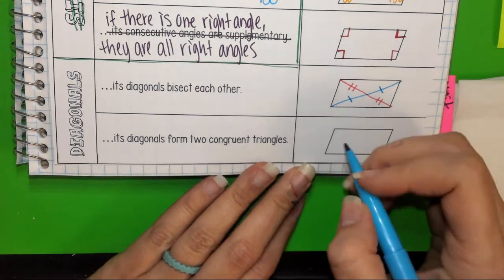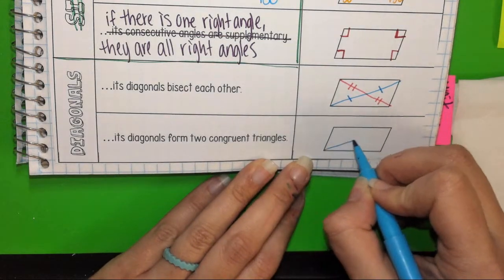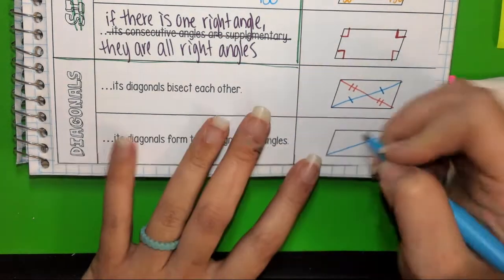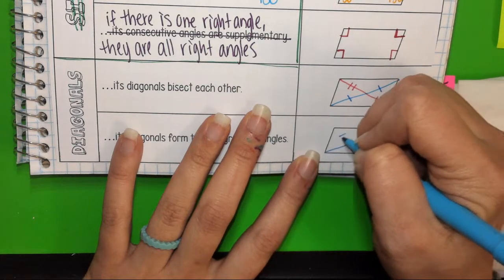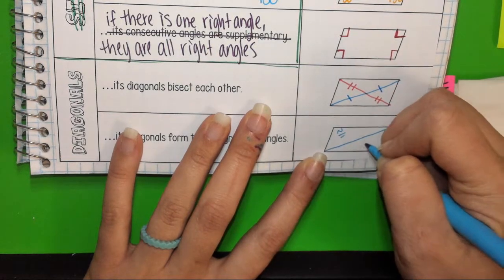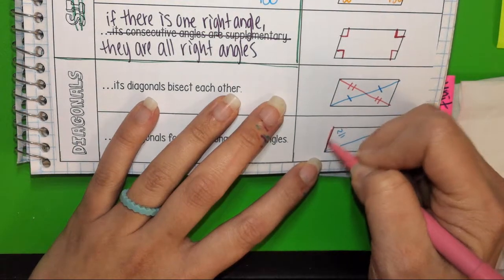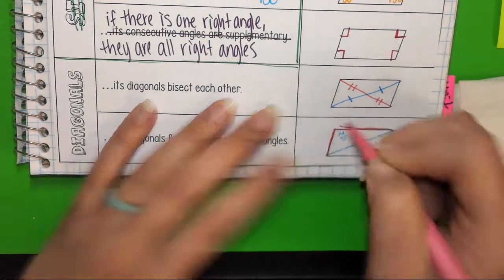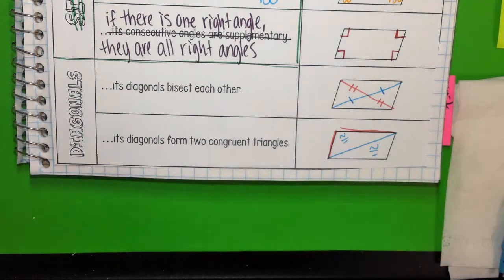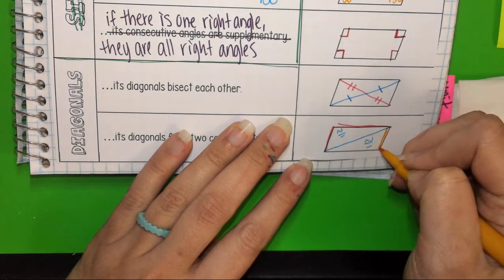And then it tells us that its diagonals form two congruent triangles. So if I draw a diagonal like this, this top triangle is congruent to my bottom triangle.